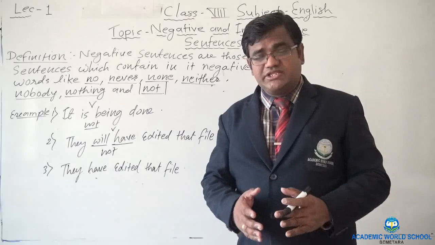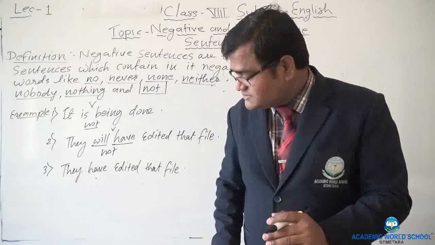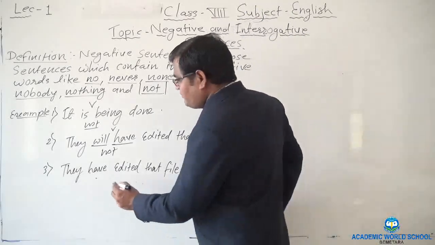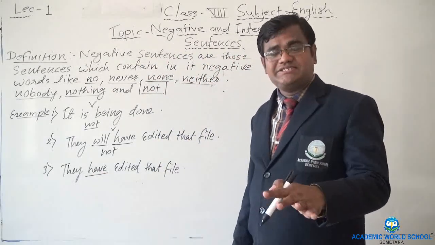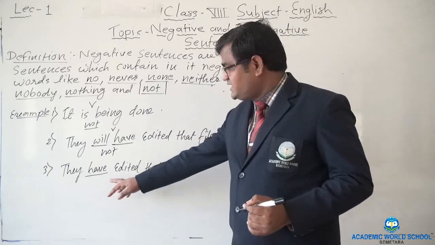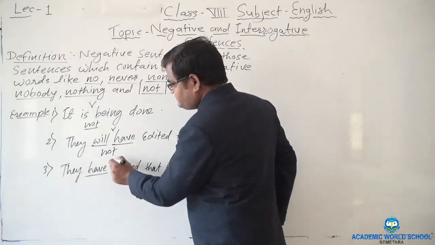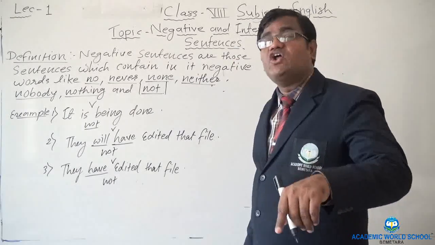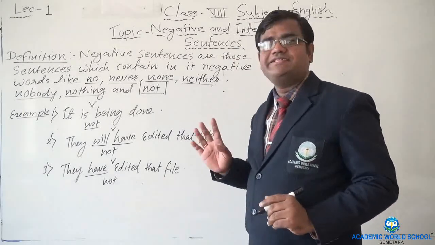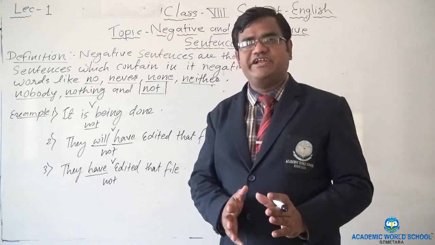Now present means there is no will, no shall. What to do in this case? We have a helping verb here, have, in perfect tense. Have, has or had we have. In that case we will use not here. So the answer will be simply: they have not edited that file. They have not edited that file.